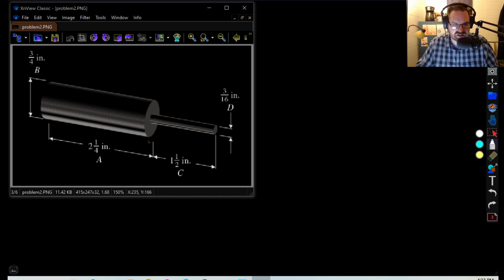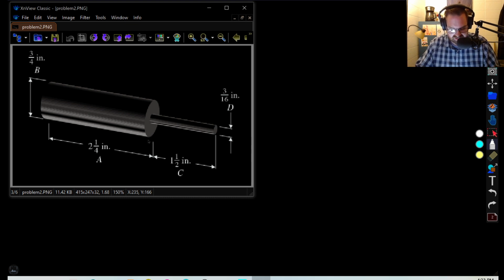When you draw on CAD, you're not drawing actual proportions. Sometimes it's to scale, and then the machine will scale it up when you're building it. So it's the same idea here.